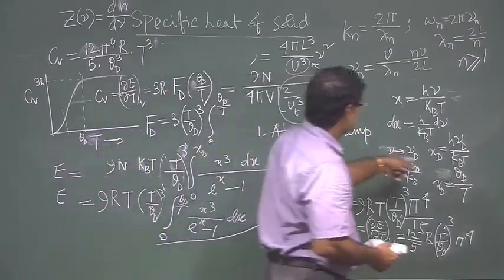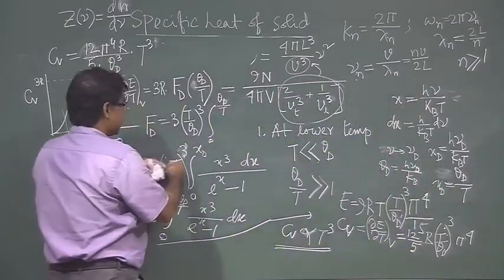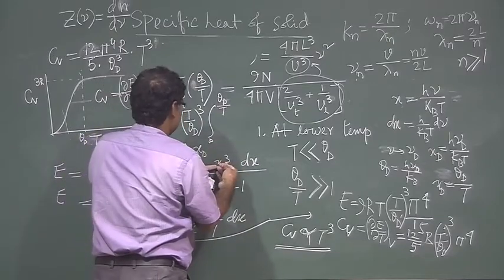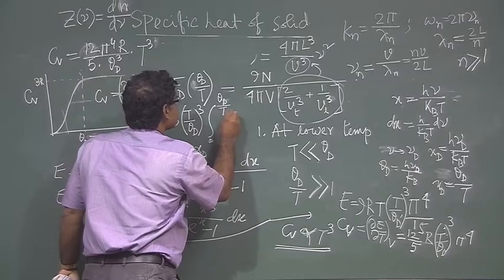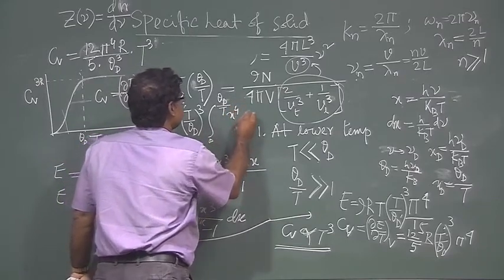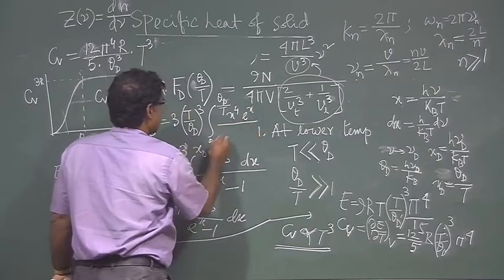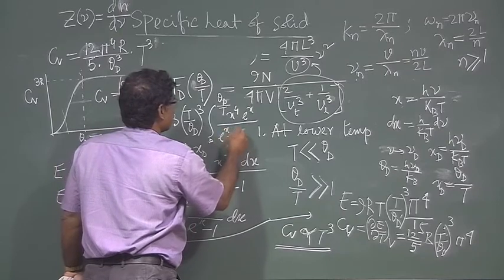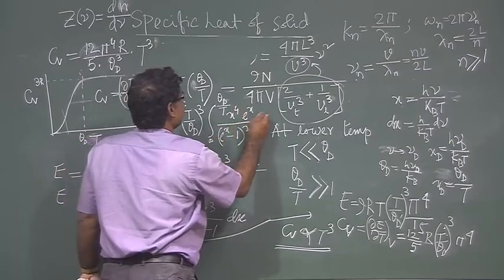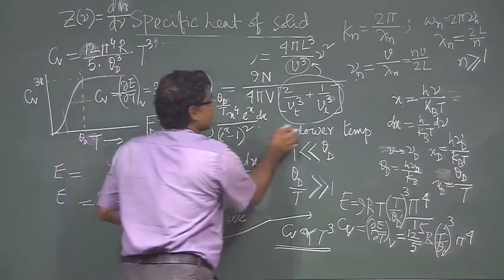Our x_D was θ_D by T, and then the x part was there, so on differentiating it comes x to the power 4 e to the power x divided by (e to the power x minus 1) whole square, okay, and then dx.